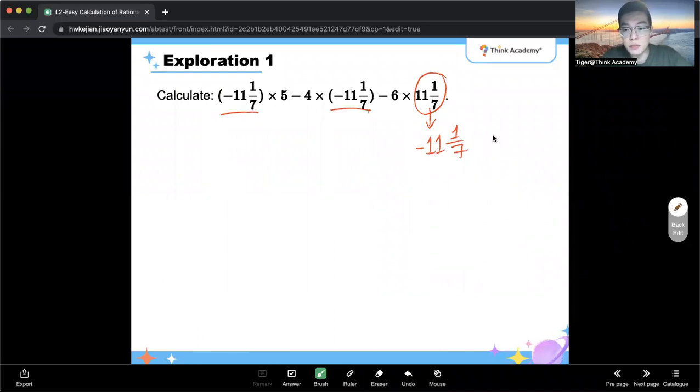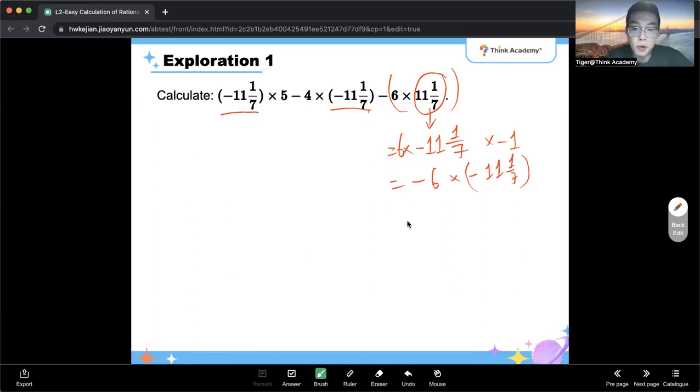So I need to multiply it by another minus 1, which means that what I'm taking away is 6 times minus 11 and a seventh times minus 1. So that's equal to minus 6 times minus 11 and a seventh. All right, so that's what we are taking away, remember.